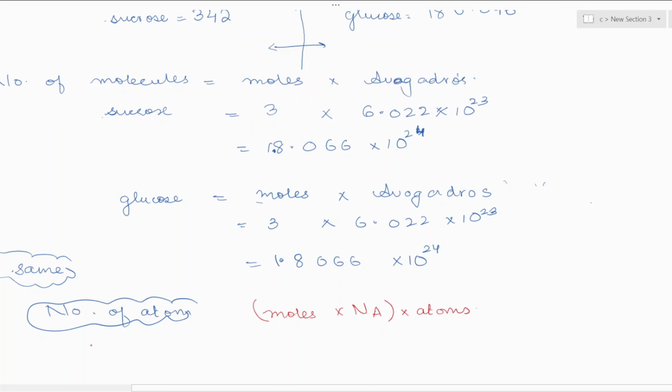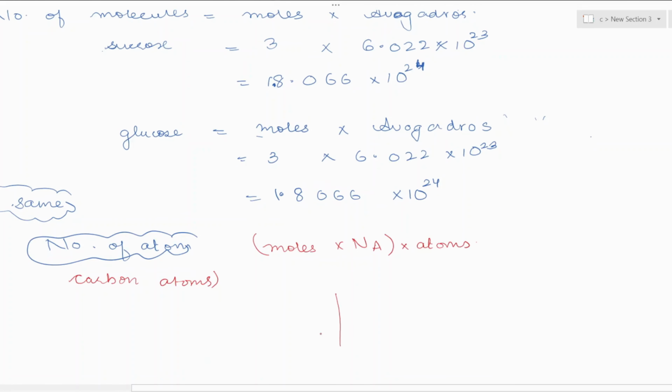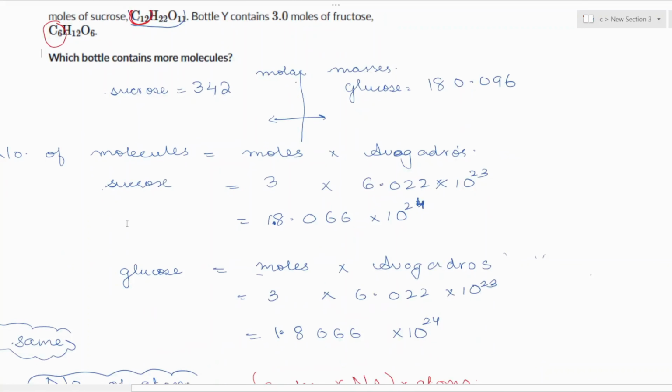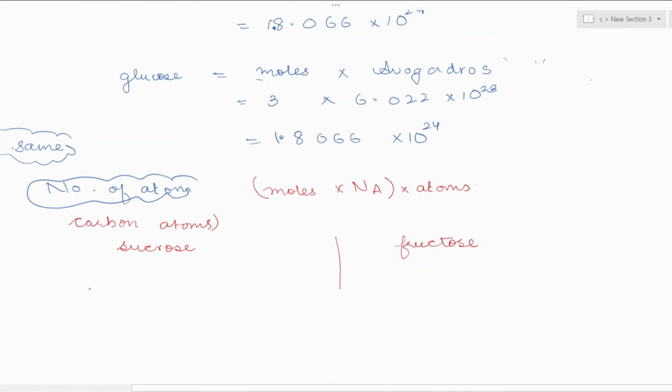Let's calculate carbon atoms. Which one has more carbon atoms? Let's make a line. Here we will write sucrose. How many carbon atoms are there in sucrose? 12 is written in the formula. And for fructose it's 6. Okay. Then just moles.